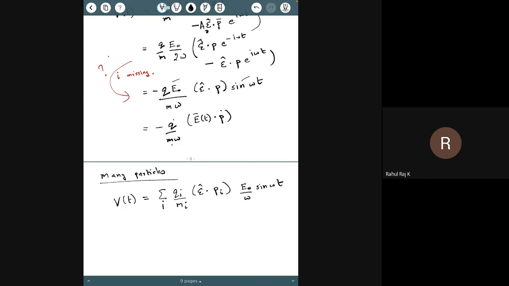So if I wanted multiple particles. And this is H equal to H0 plus Vt.